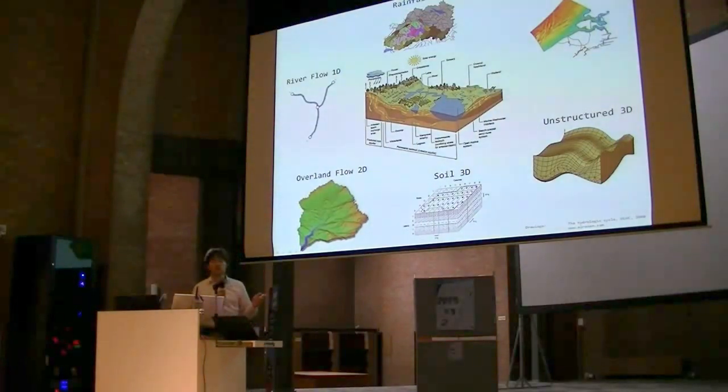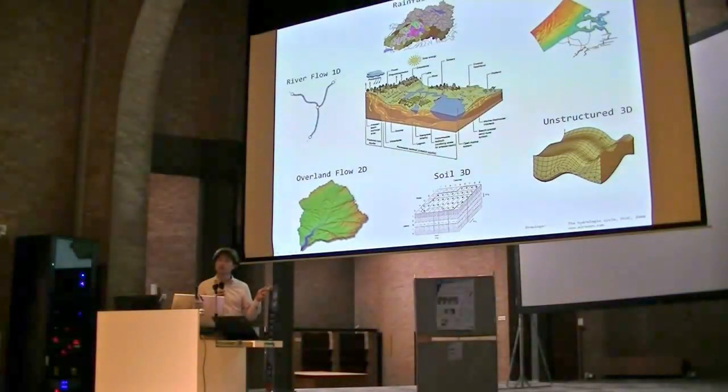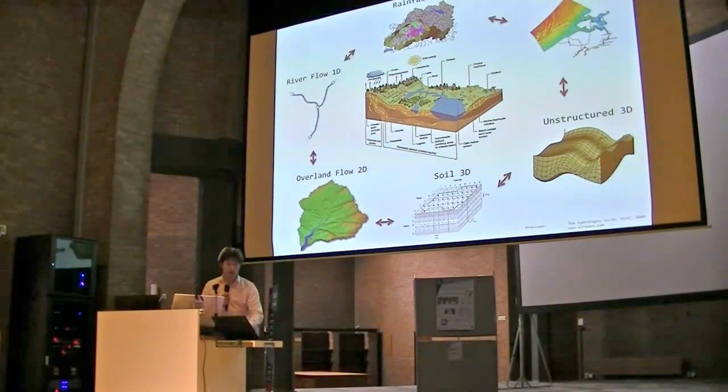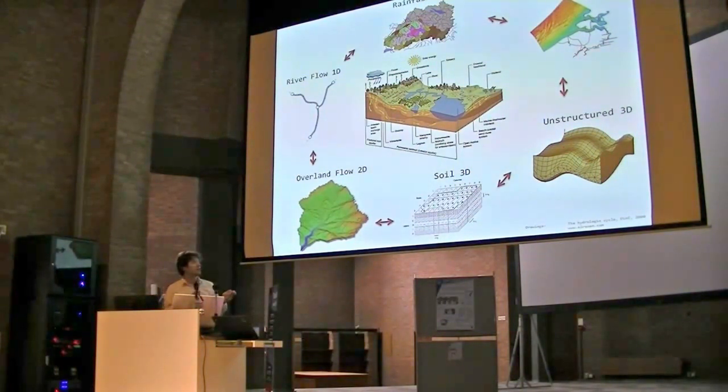Our software is mainly focused, as I mentioned, on integrated environmental modeling applications, which means that we want to configure different types of models and run them to simulate different physical processes like rainfall, runoff, and flow of water in river networks.